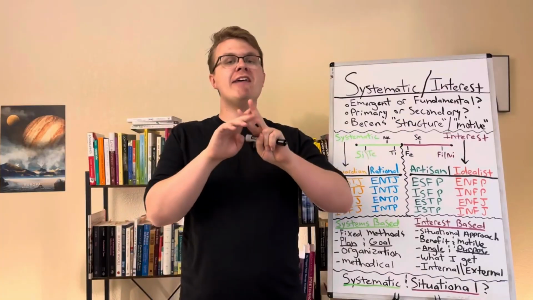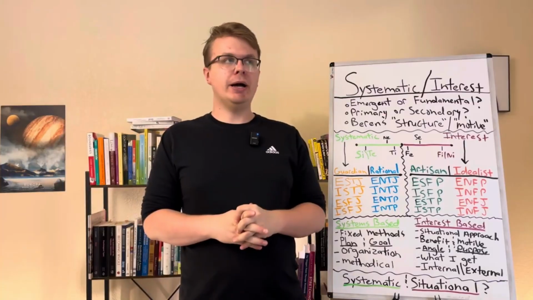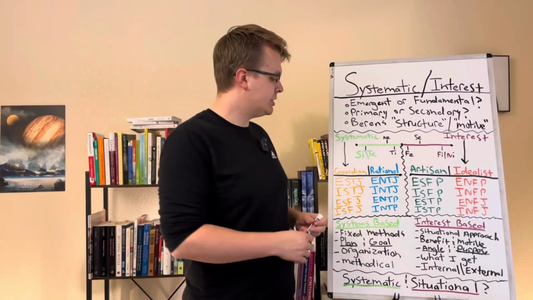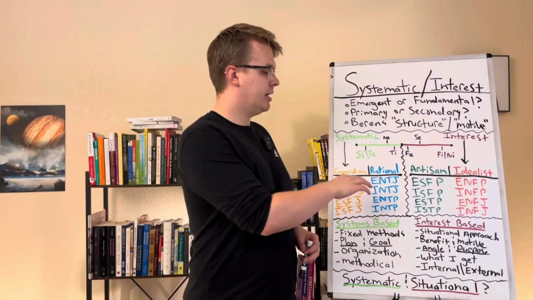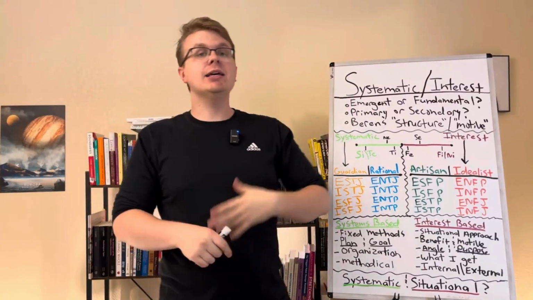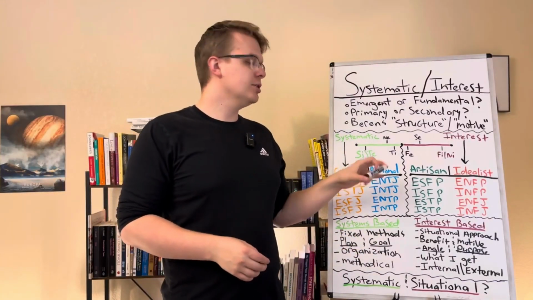So therefore, I put FI and NI just as individual functions that are the interest-based functions. Now, this gets tricky when you're applying it because you see INTJs who are developed more into the SE and FI, they look more like ISFPs, all right, especially women. So they can look more interest-based.